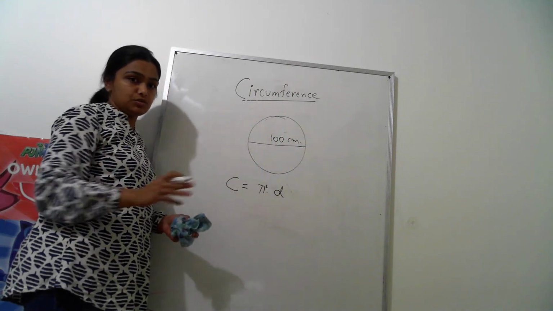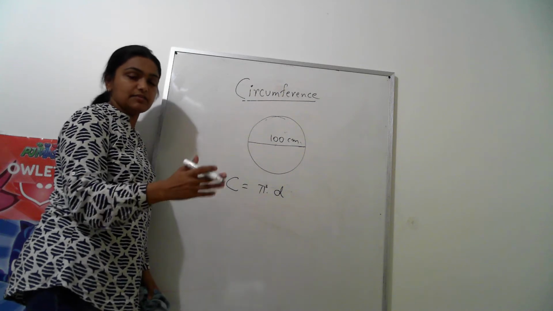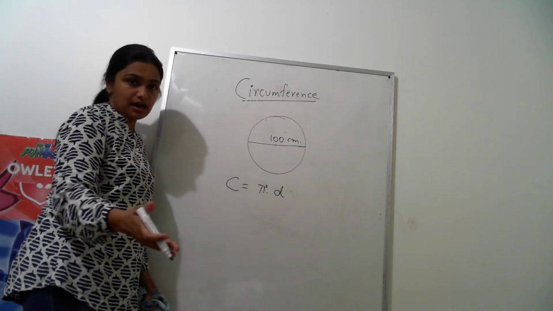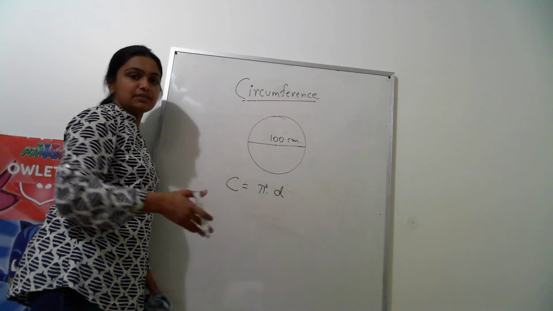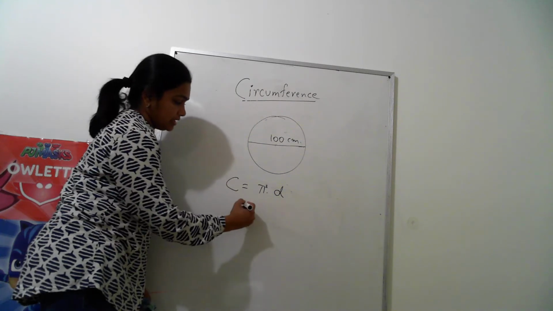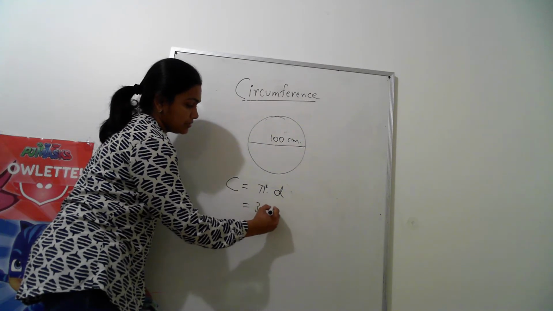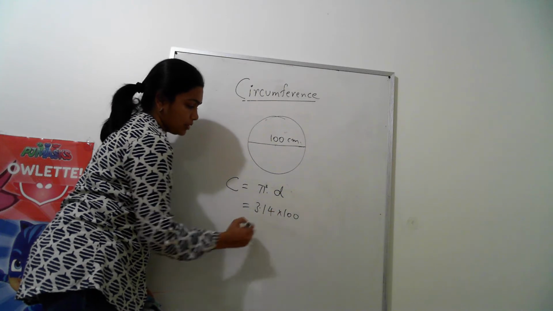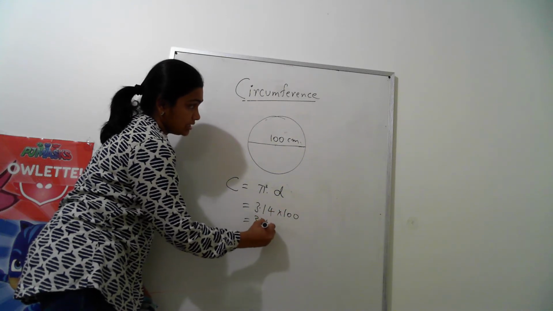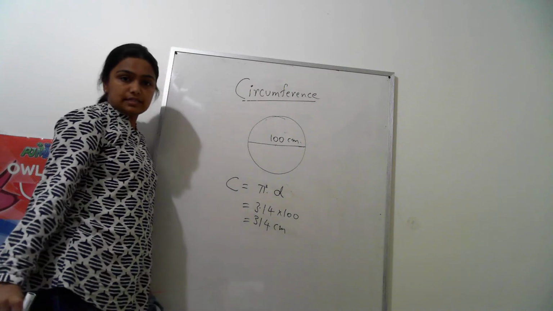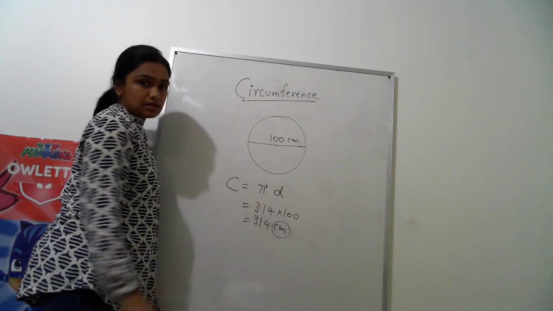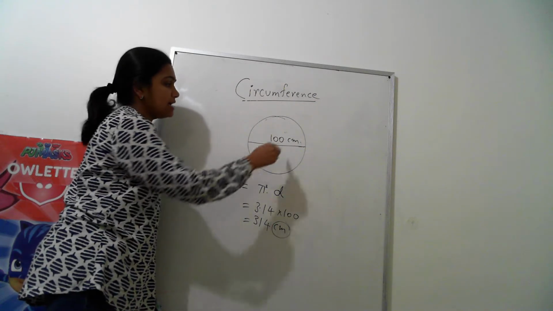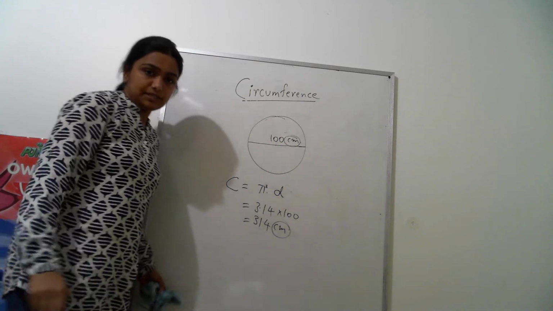The diameter. So always remember, if radius is given, then 2 times pi times r. If diameter is given, then pi times diameter, equals 3.14 times 100, which equals 314 centimeter. The unit of circumference will be the same as the unit of radius or diameter.